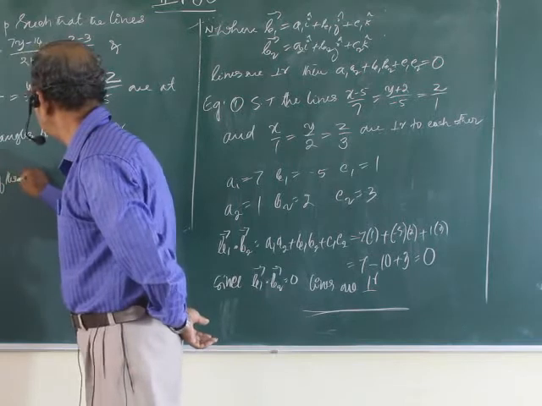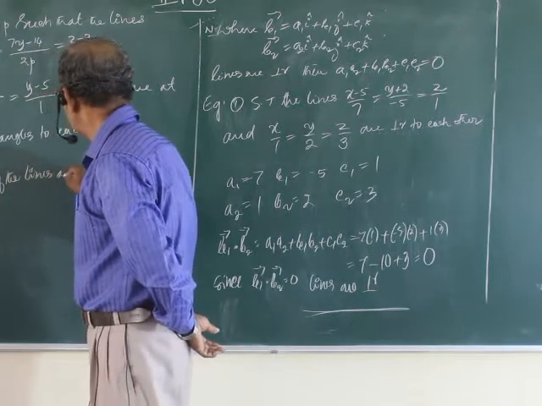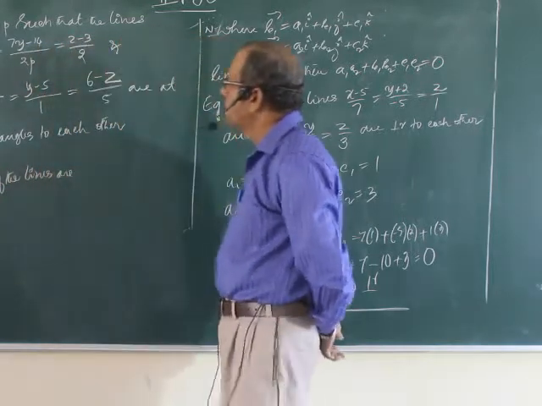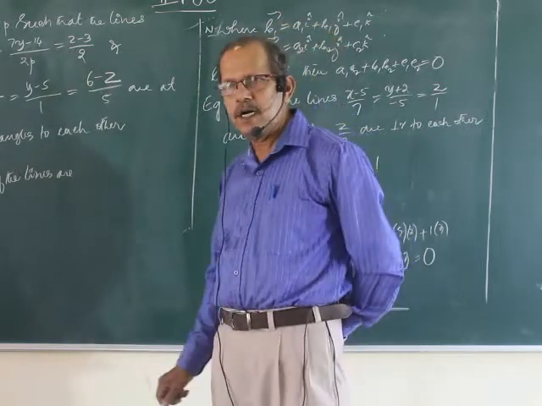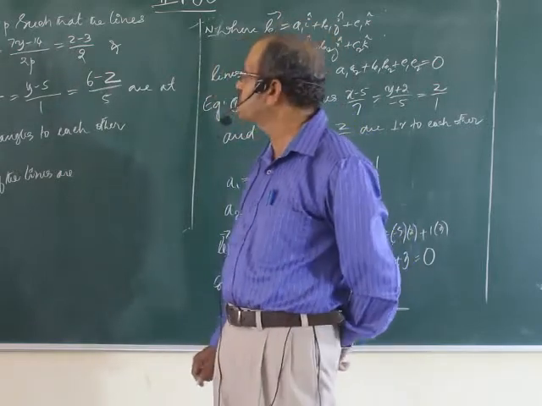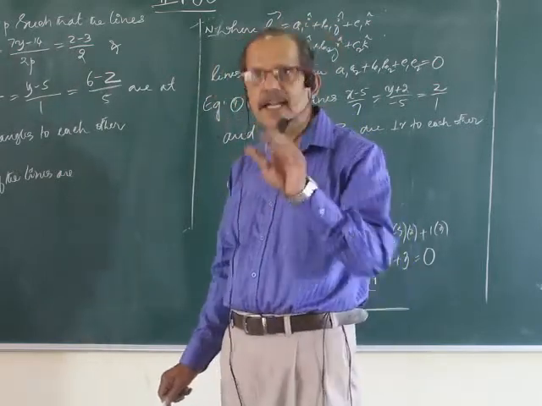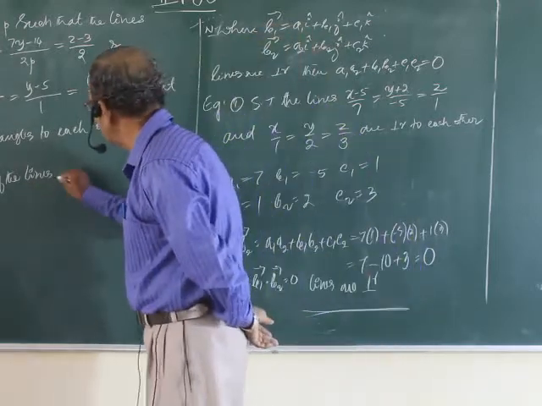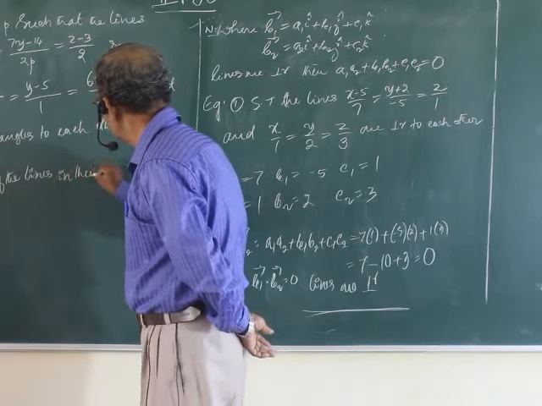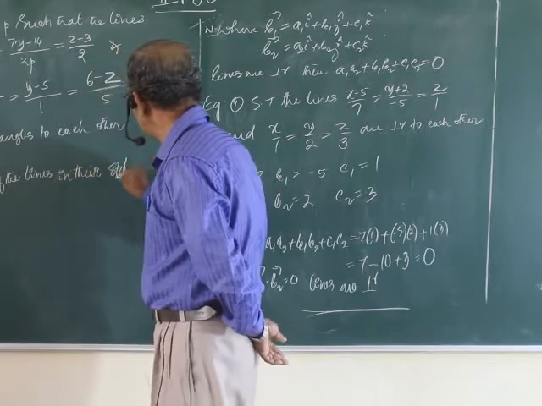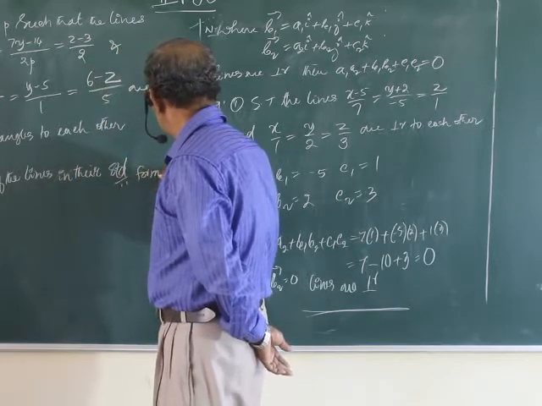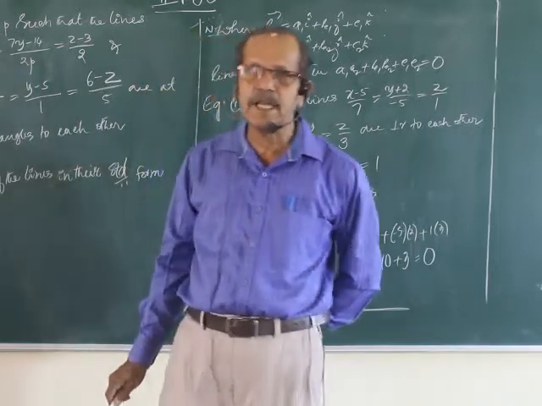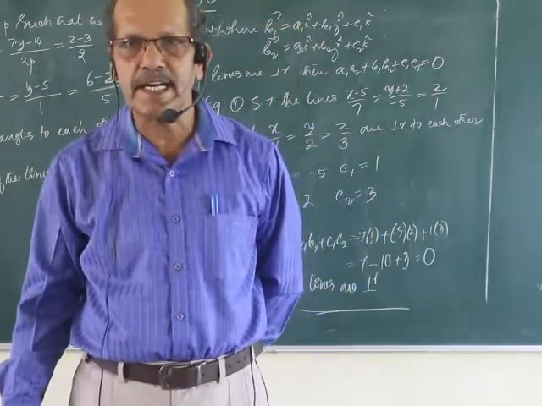Equations of the lines are (1 minus x)... You should write the equation in the standard form only. Because they are not given in the standard form, how to decide which is the direction ratio?